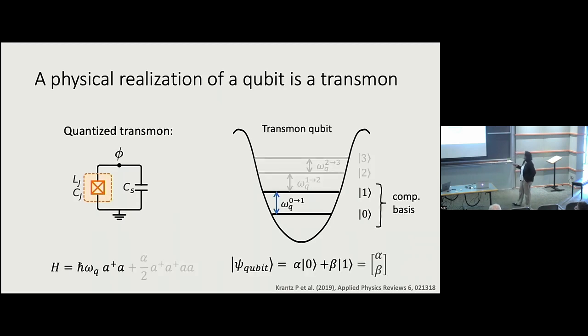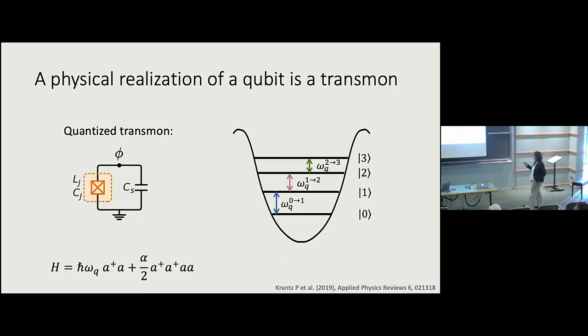Let me just comment on why it is important that this be a slightly anharmonic oscillator. That is because with quantum bits, if you want to control the states, you have to be able to recognize them.